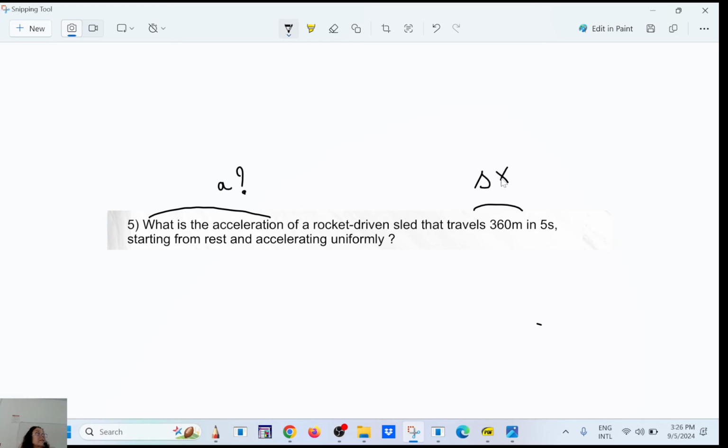The displacement. 5 seconds will be the time elapsed. And then it says something interesting. Starting from rest. So initial velocity equals 0. Accelerating uniformly. That means that the acceleration is constant and I can use the kinematic equation. If it's not the case, you can't.